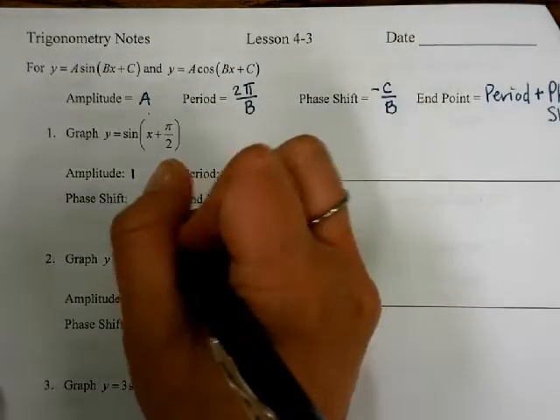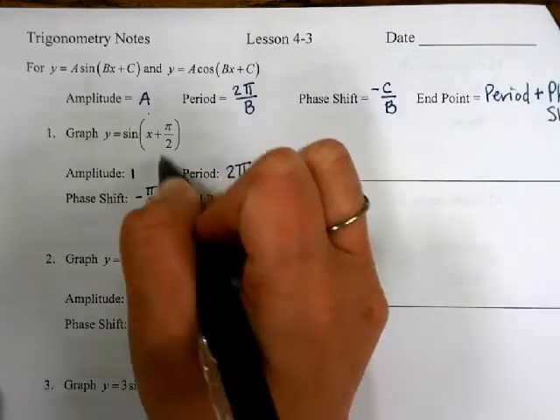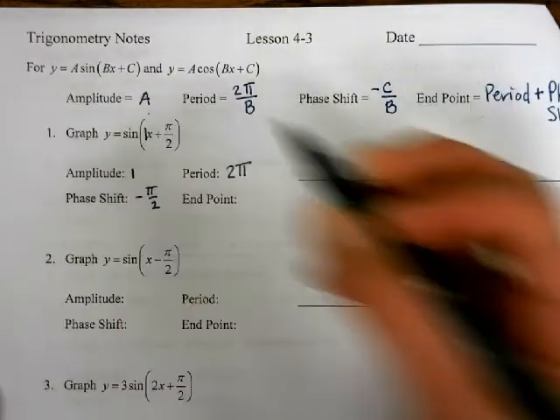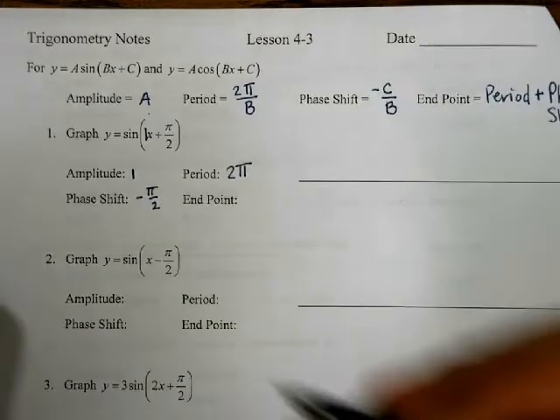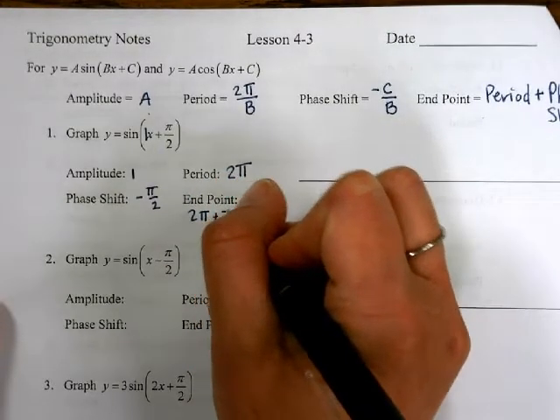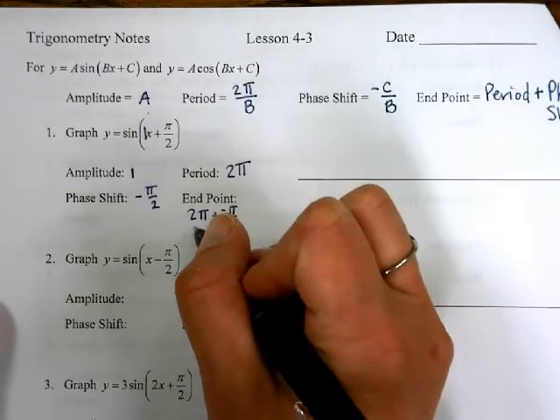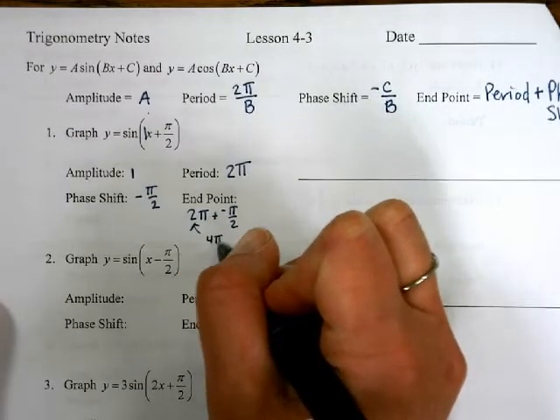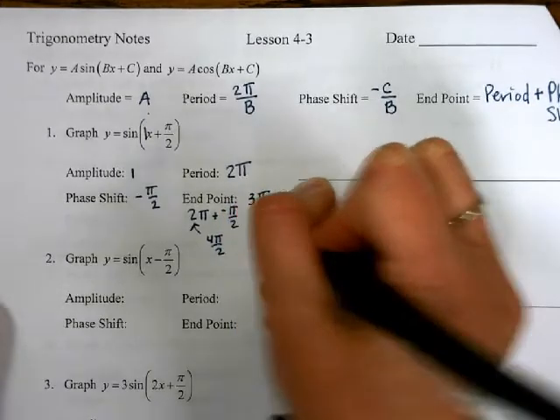Phase shift is negative c, which is negative pi over 2, over b, which is 1. So negative pi over 2. Now my endpoint: I'm going to add those two together. 2 pi plus a negative pi over 2, with a common denominator, is 4 pi over 2 minus pi over 2, so 3 pi over 2.